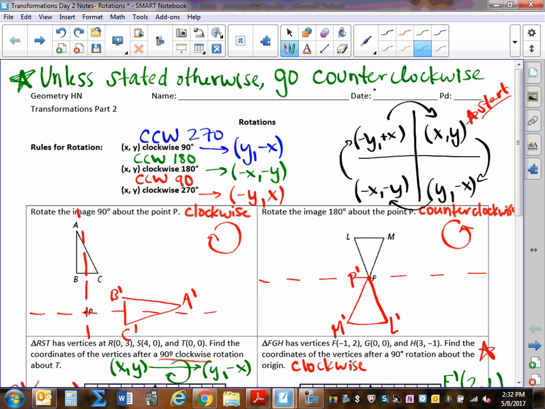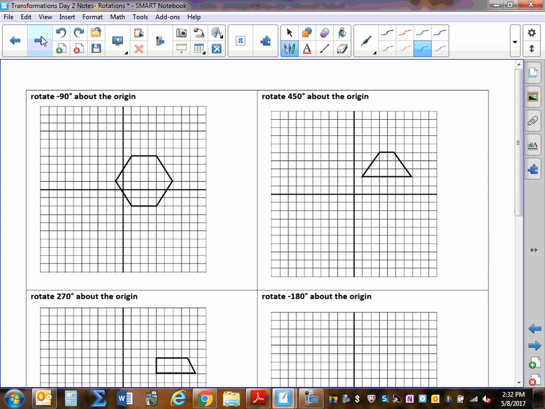Now, let's flip the paper over. Notice we went ahead and wrote in which ones would be counterclockwise. So here when it says rotate 450 degrees about the origin, did it specify which way? No, so this is counterclockwise. What's negative 90? You go the other way.